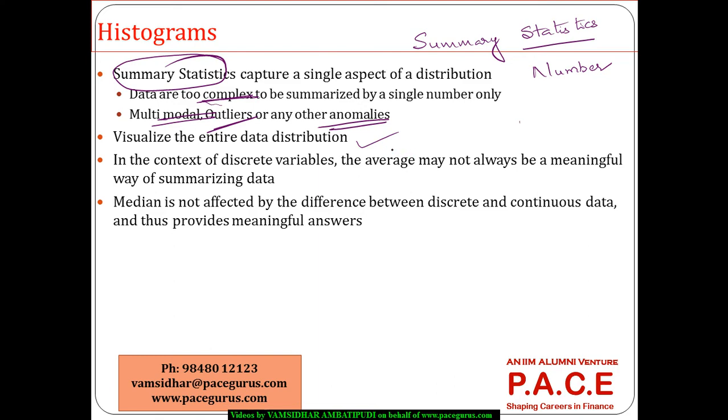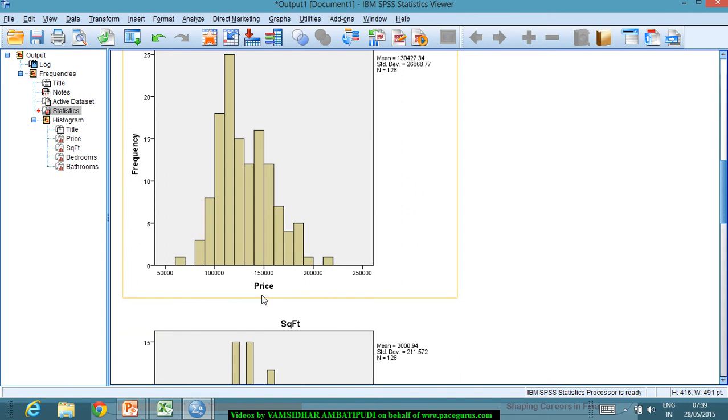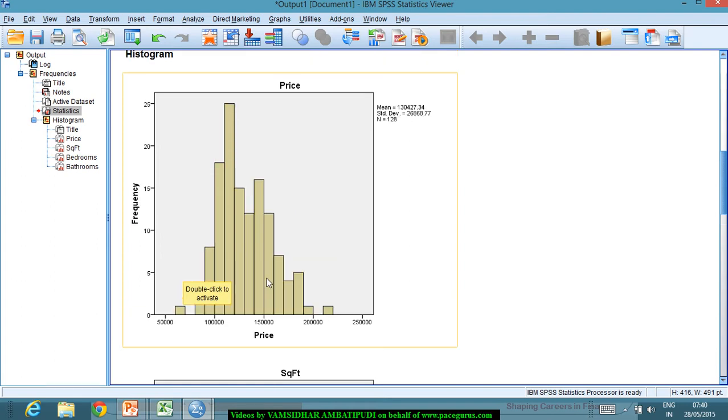When we look at the histogram we see that the scales are plotted, probably 50,000 to 75,000, 75 to 100,000, 100 to 110, 110 to 120. Some such scales are being taken, and based on the scale the graph is typically plotted, right?